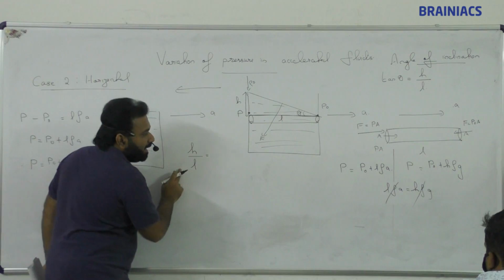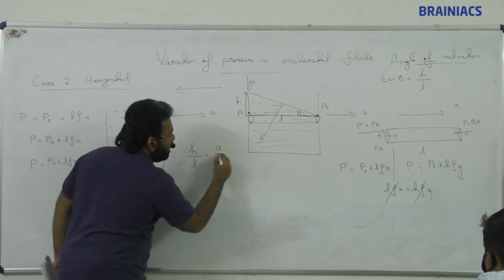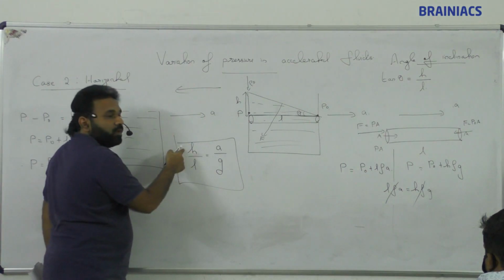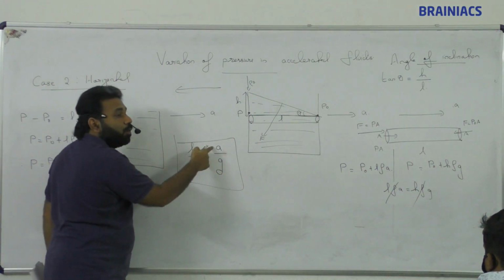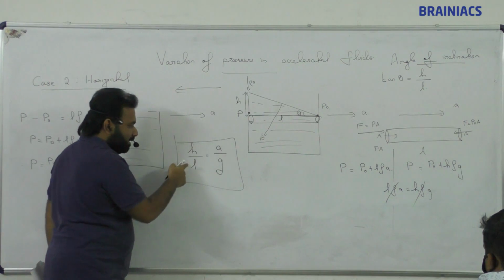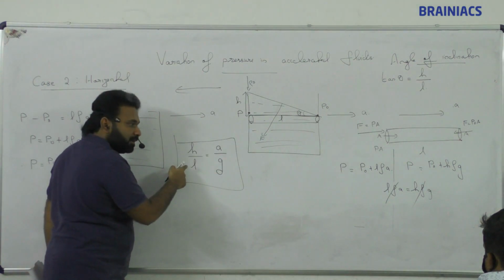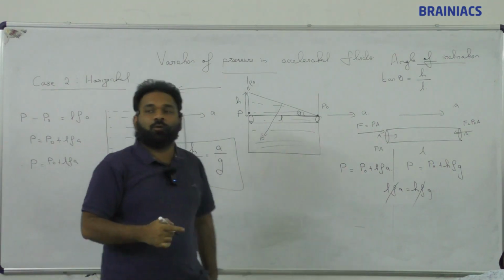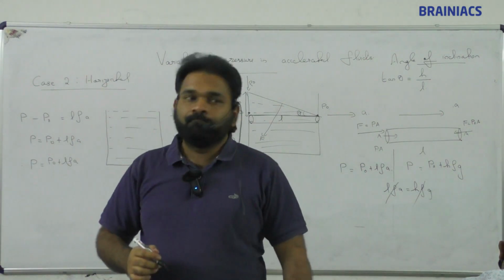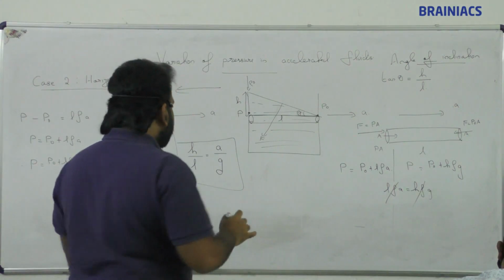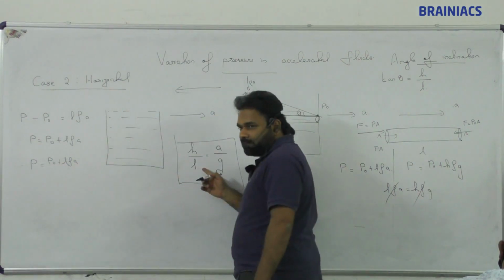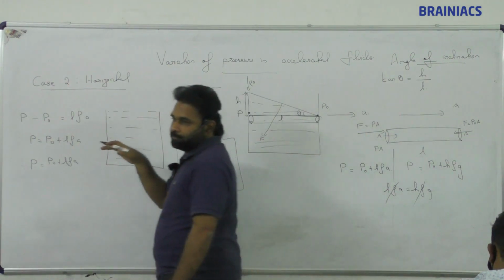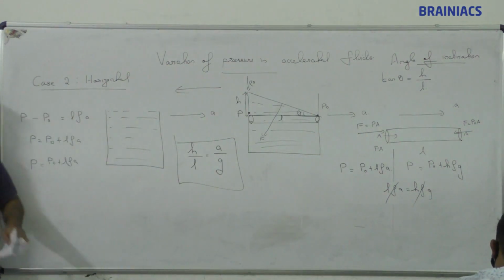So H by L is equal to a by g. H is vertical height, this is horizontal acceleration. L is horizontal length, g is vertical acceleration. So H by L is equal to a by g. A lot of problems we can do just by getting these small pieces of information. No need to do all these things. Clear? We can save time. That's it.